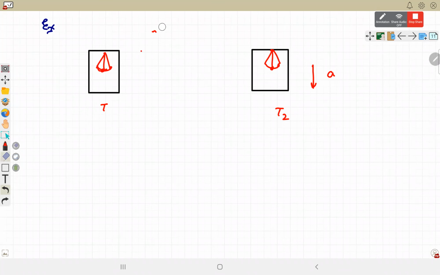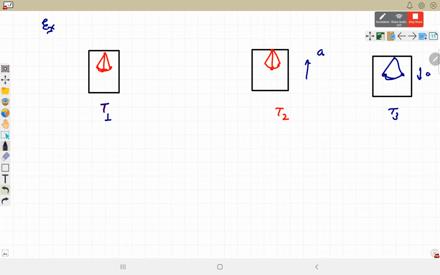It says that the time period of a pendulum attached to the elevator is T when the elevator is not moving anywhere. When it is going up, it is T2, and when the elevator goes down, it is T3. You have to find the relation between T, T1, T2, and T3.